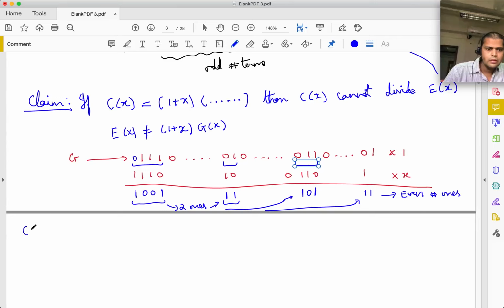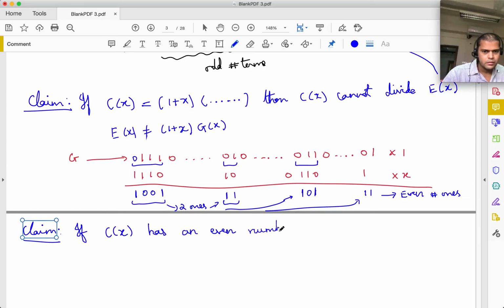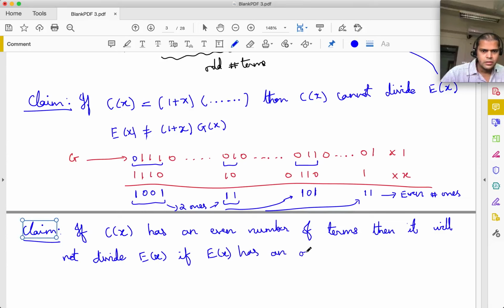There is another claim which I am not going to prove, but it can be shown that if c of x has an even number of terms, then it will not divide e of x if e of x has an odd number of terms. So this is quite a powerful statement.